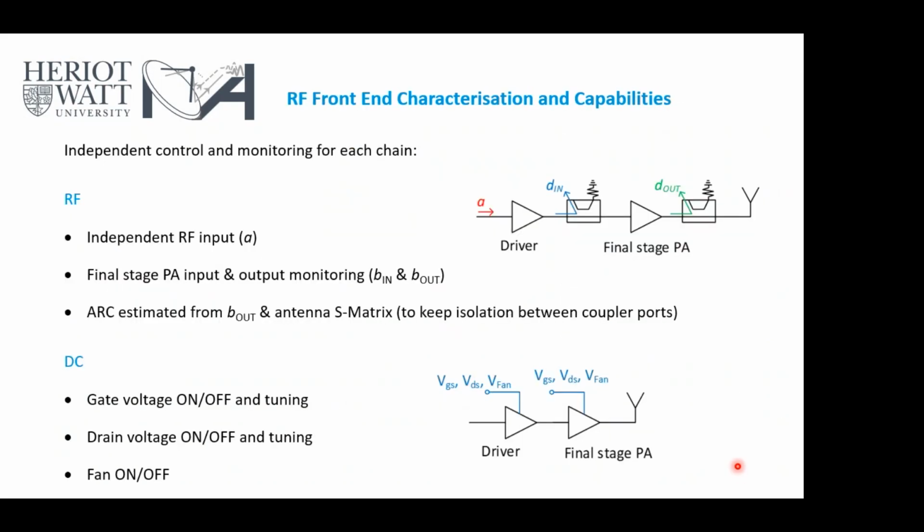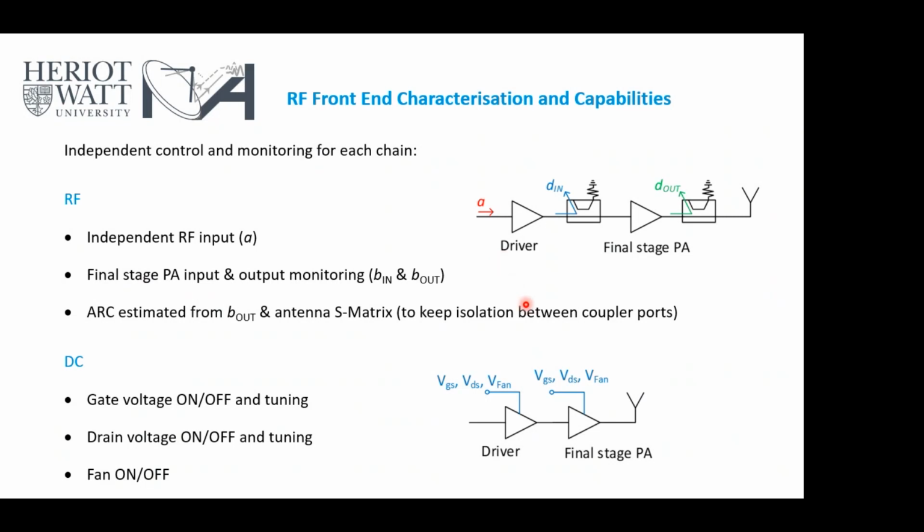As a summary right here, for our test bed at the RF port, at the RF side, we have the input control, which is the A wave you can see here. We have observation for D in and D out. And we are also able to measure the active reflection coefficient using the method just stated.